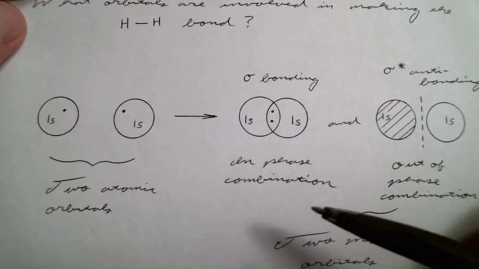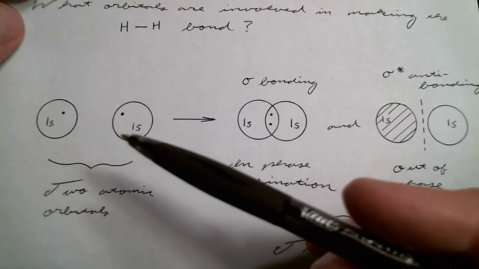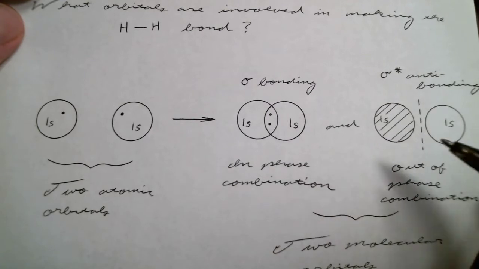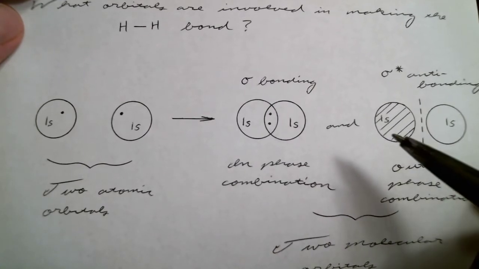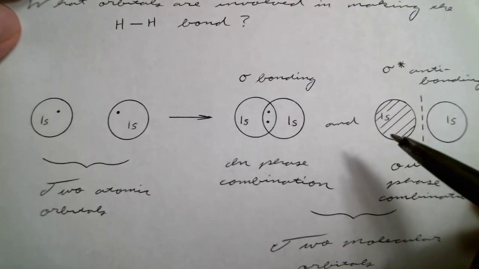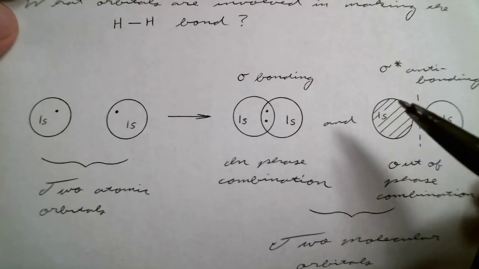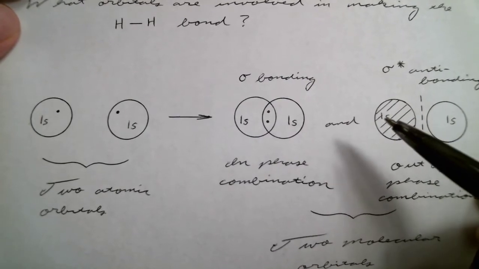Another way we could combine the wave functions of these 1s orbitals is we could have one with a positive sign and the other with a negative sign. It's the square of the wave function that is proportional to the probability of finding the electron, so it's okay to have a wave function with a negative sign.